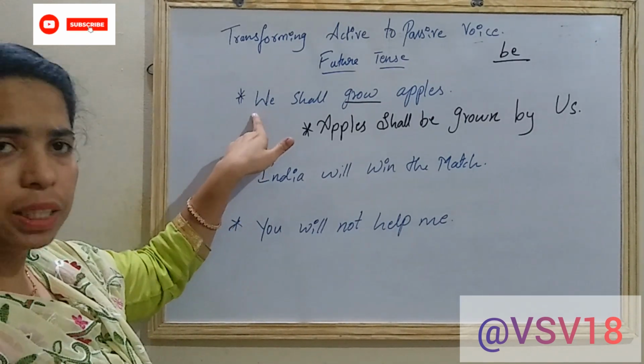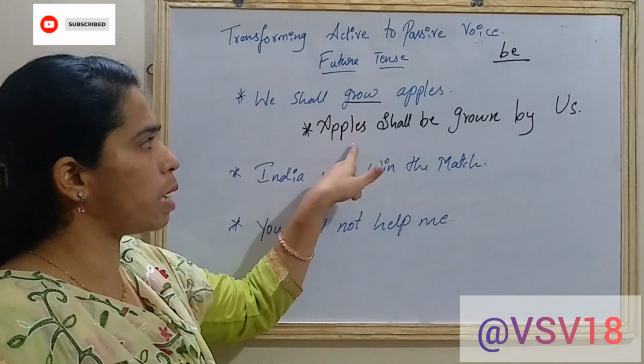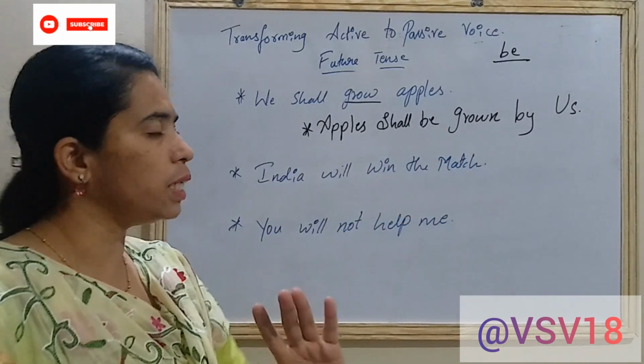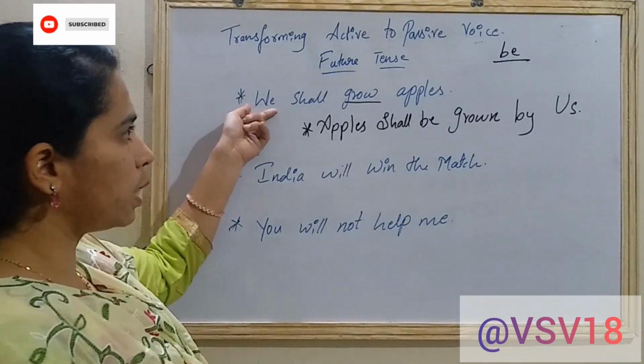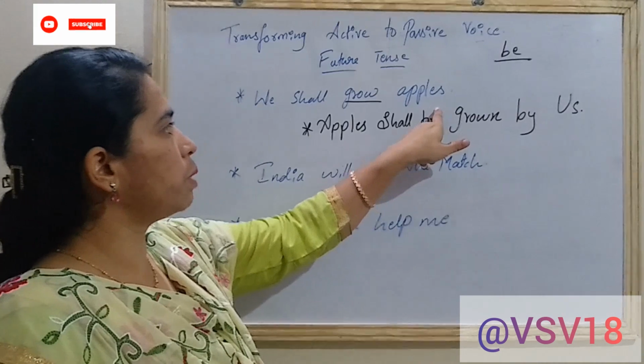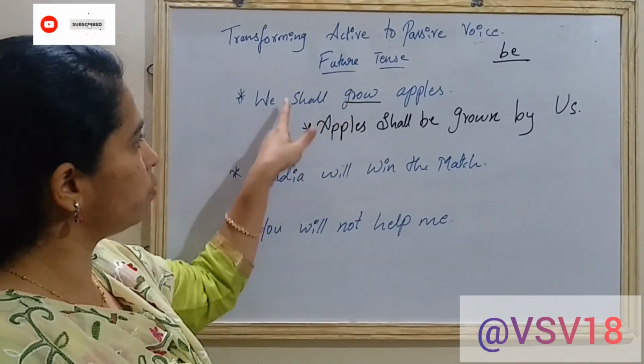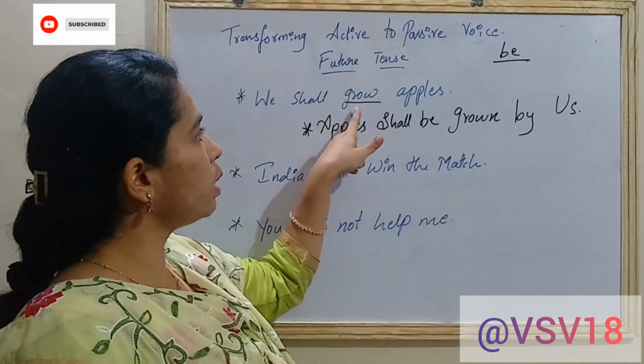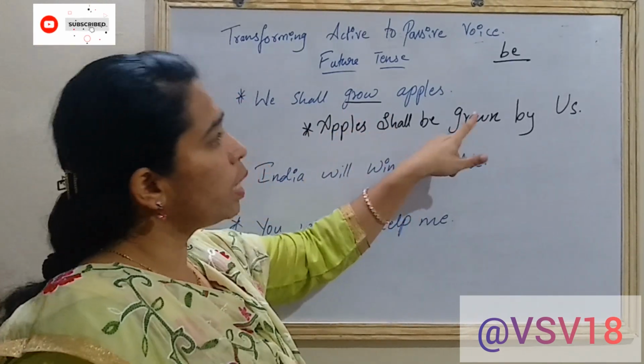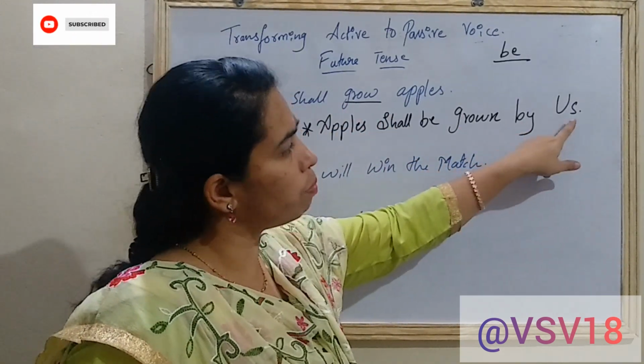So did the meaning change? We shall grow apples. Apples shall be grown by us. Meaning is same. Subject became object. Object became subject. Tense is future tense. We maintained our tense, and we used participle form and we used the medium by before the object of the passive voice.